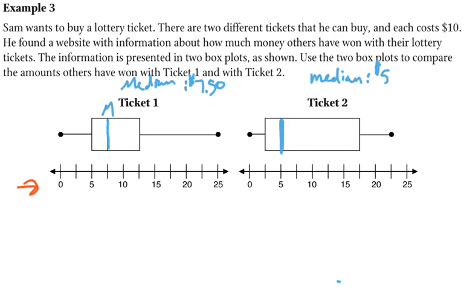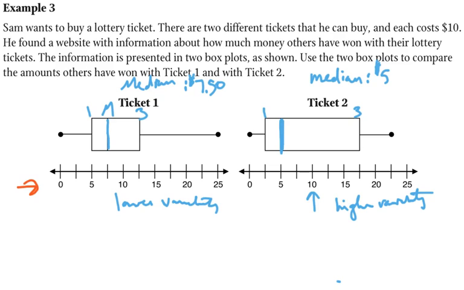So now the fact that we have the first and third quartiles, okay, they're quite a bit different, okay? So this one would actually have a much higher variability, okay, than ticket 1 would. Ticket 1 would have a lower variability in the majority of the times people have scored.